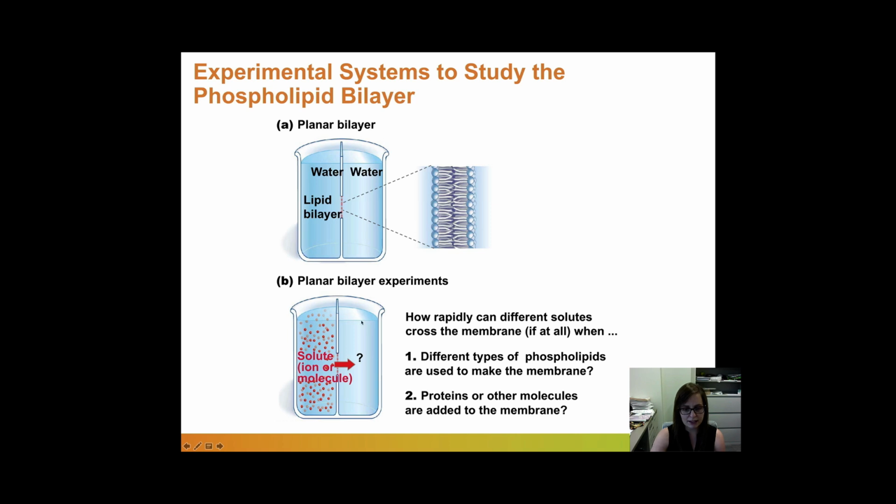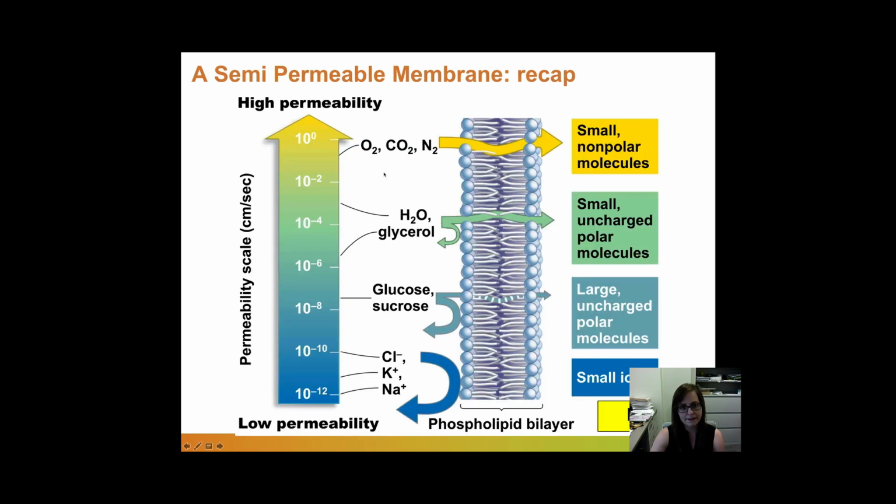So again, if this was a cell membrane, we would see that small nonpolar molecules would pass through rapidly, followed by small polar molecules, followed by medium-sized polar molecules, and then ions basically wouldn't pass through at all. And that's summarized once more. Small nonpolar molecules pass through really fast, water passes through at a medium rate, glycerol sometimes goes through, other times bounces off.